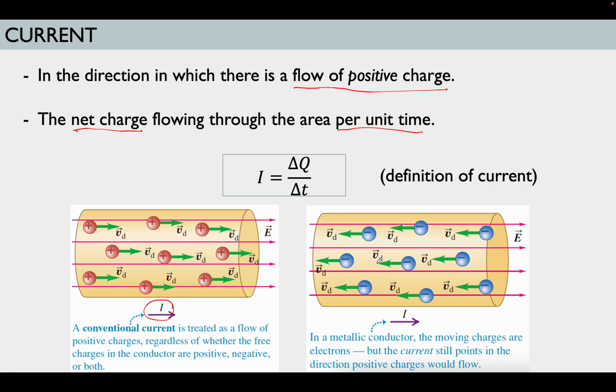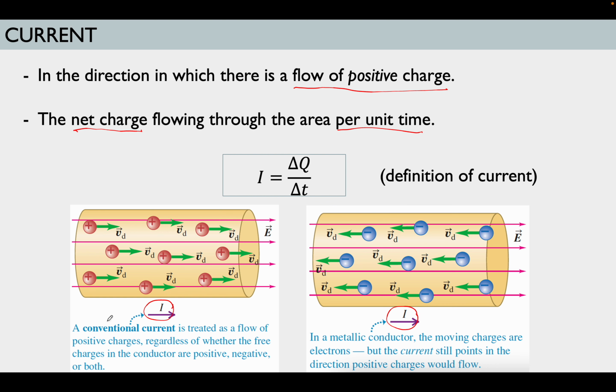But again, notice that the direction of the current is in the same direction where the positive charges would flow. So even if negative charges are going to the left side, still the current points in the direction that positive charges will flow.